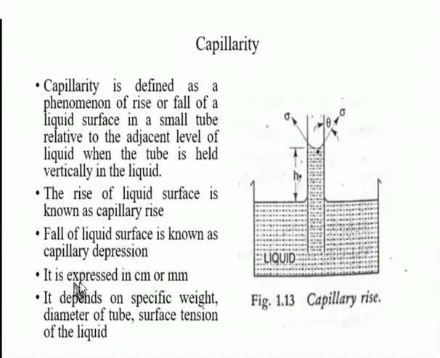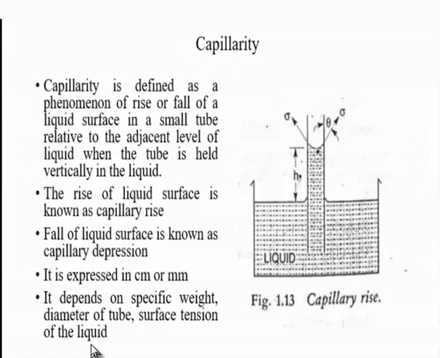It is expressed in centimeters or millimeters. The unit of rise and fall of the capillary is expressed in centimeters or millimeters. It depends on the specific weight, the diameter of the tube, and the surface tension of the liquid.